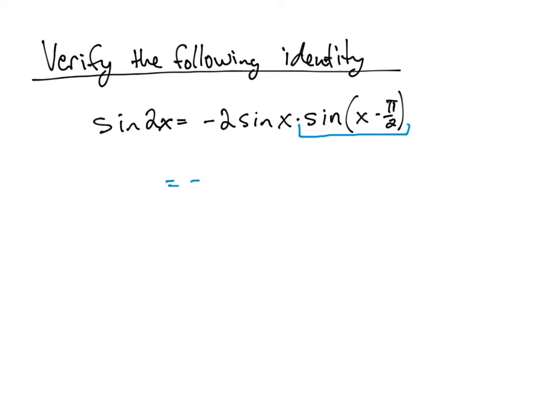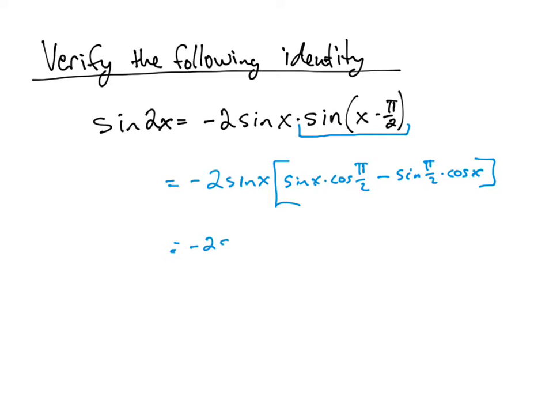So we're going to say negative 2 sine x. To expand this, this is just the difference of sine. So we're going to say sine of the first times cosine of the second, keep the operator the same, sine of the second times cosine of the first.